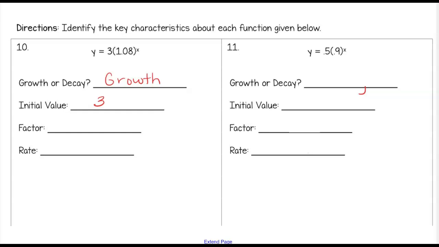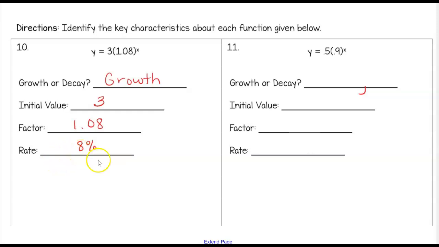Now we need to find the factor. The factor is 1.08. That's the number that we're multiplying by. And the rate. Basically they're looking for that percent, the percent of growth or percent of decay. On this one, it's 8%.